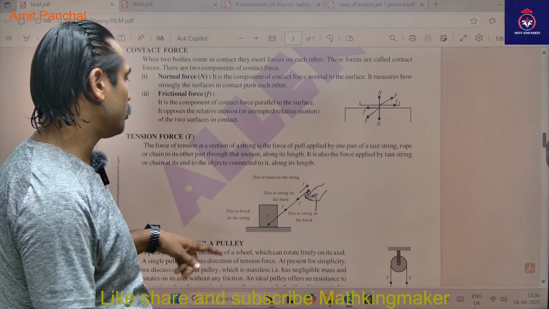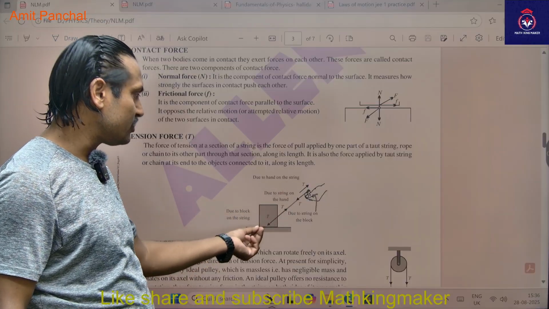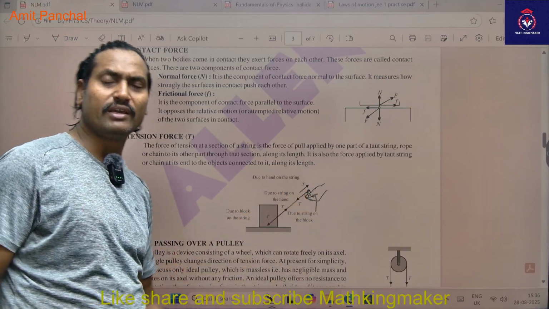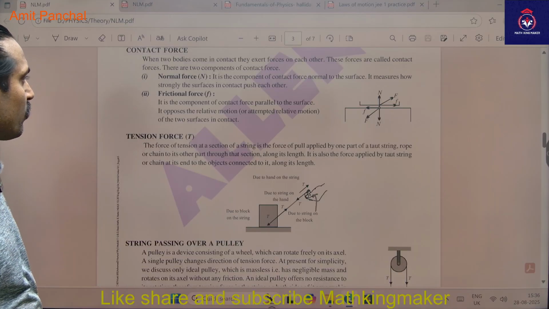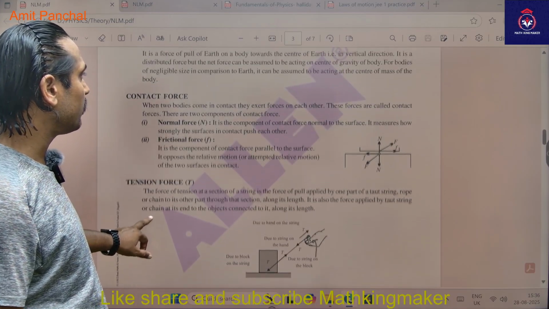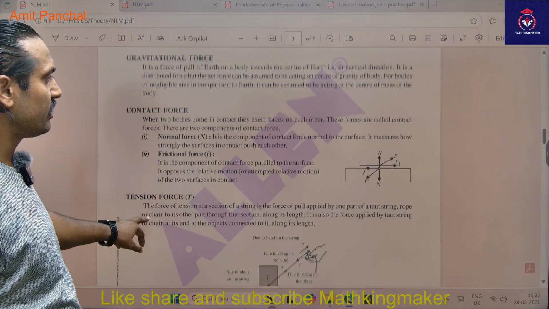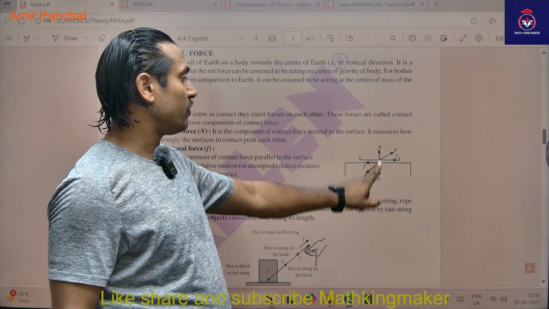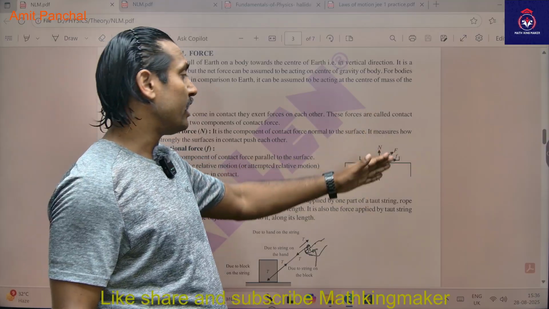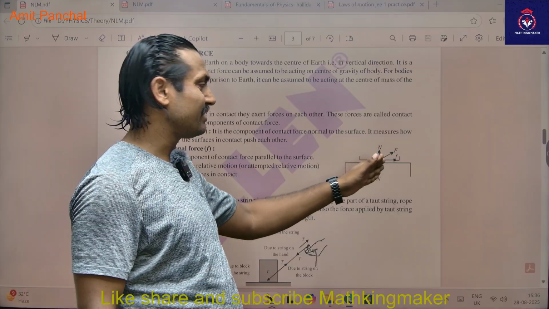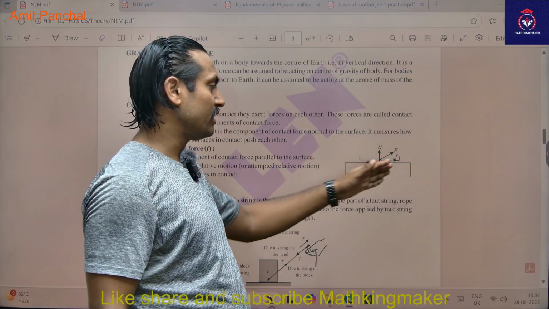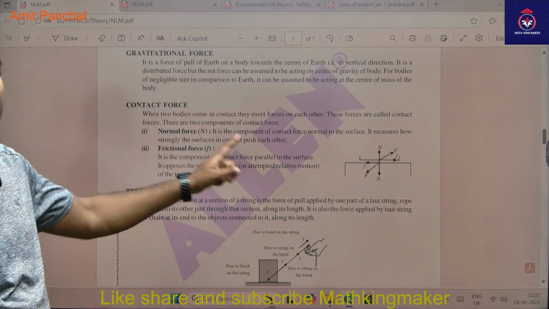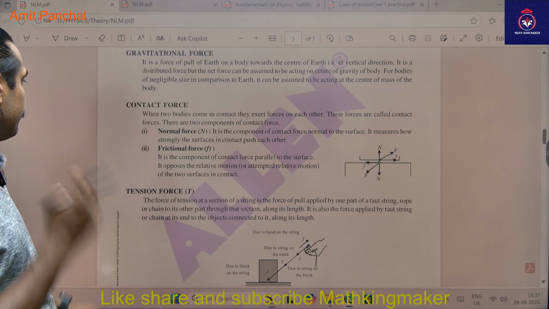Tension means once the string is attached to something and it is stretched, it will have a tension. Also consider the directions: normal is always perpendicular to the surface, and friction force is always opposite to the direction of the body.